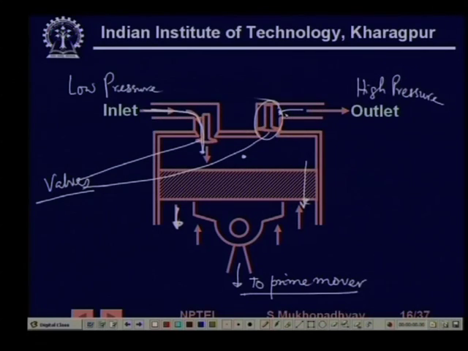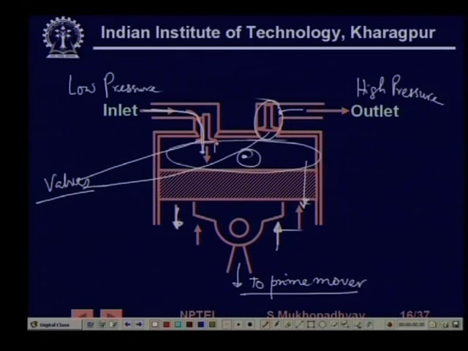Now, after this has come to the lowest position, a certain given volume of air is residing inside, and that is at the low inlet pressure. After that, with this alternating motion, this cylinder will start going up. The moment it starts going up, it creates a high pressure here, it actually compresses the air here.